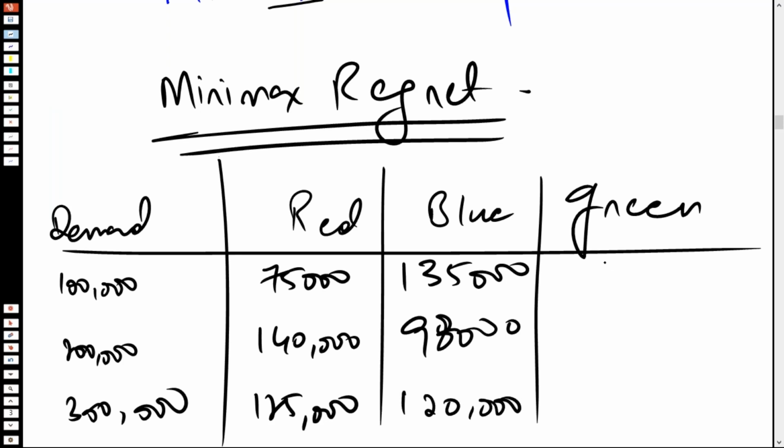And now we have got 90,000. We have got a loss of 40,000. And we have got this 150,000.